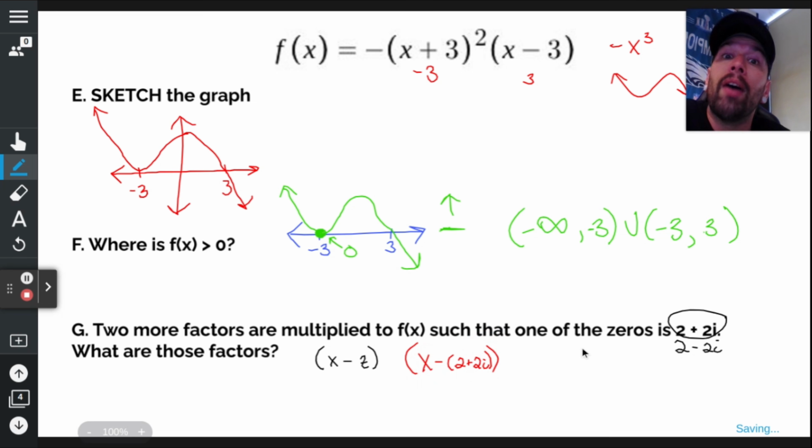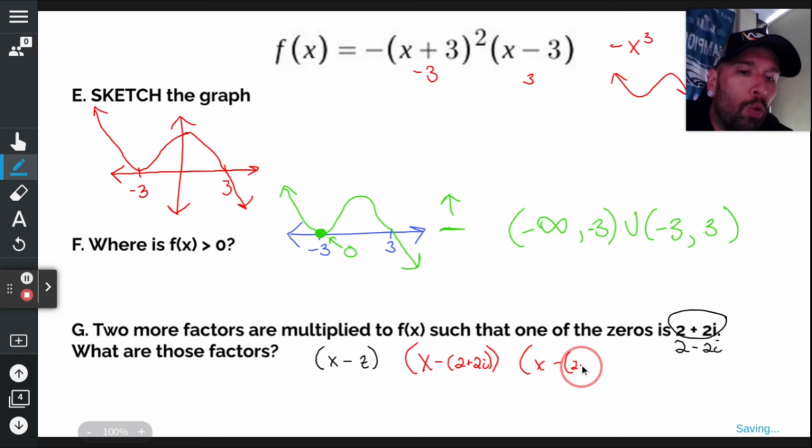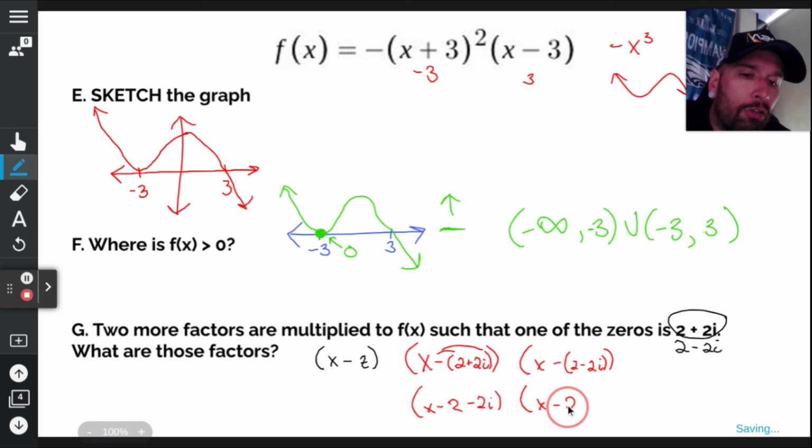That's one of my factors, which would mean that another factor is going to be x minus parentheses 2 minus 2i, close it. Distributive property gives me a factor of x minus 2 minus 2i, and another factor of x minus 2 plus 2i.